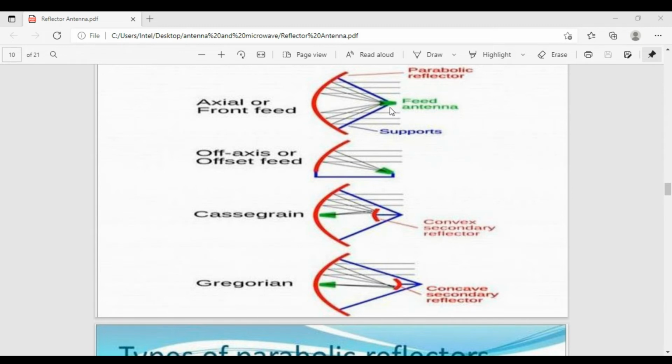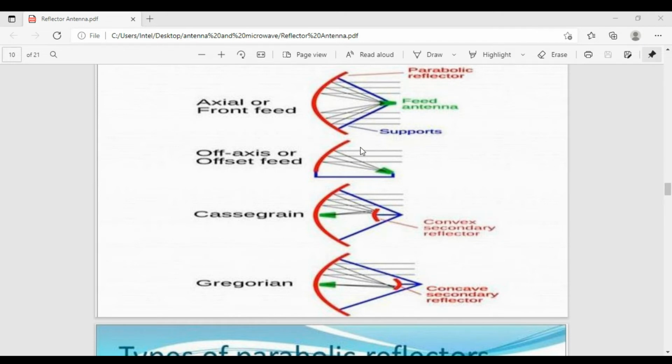What is spillover? The signal coming from the primary antenna that is not captured by the reflector antenna is known as spillover, or in other words, the signal escaped from the primary antenna.